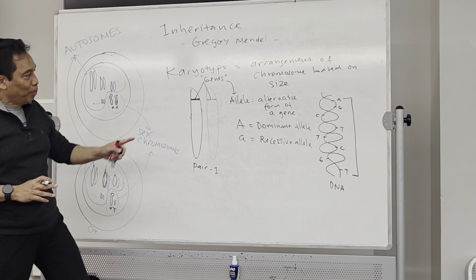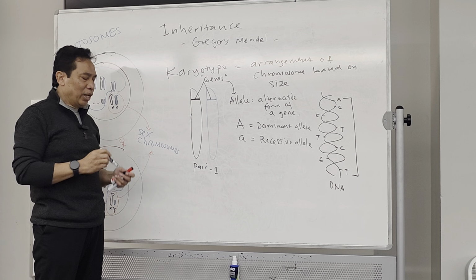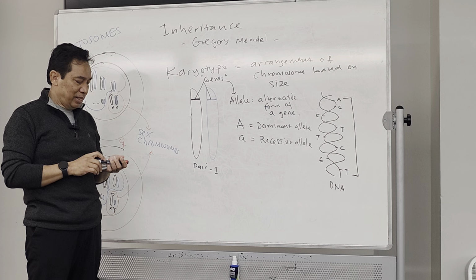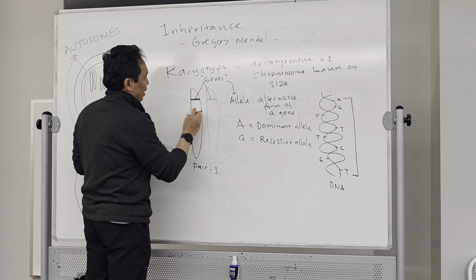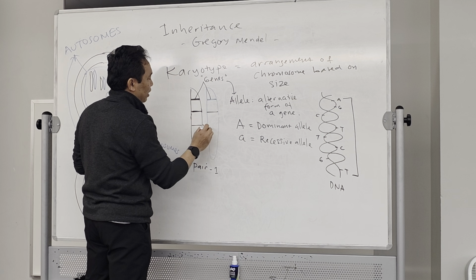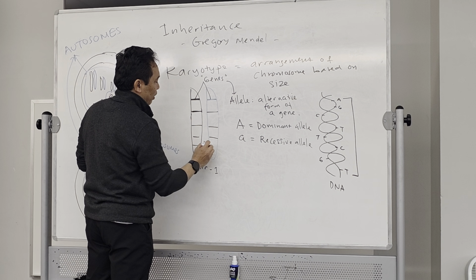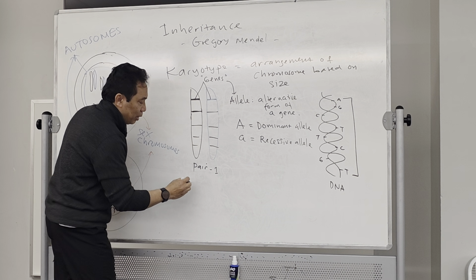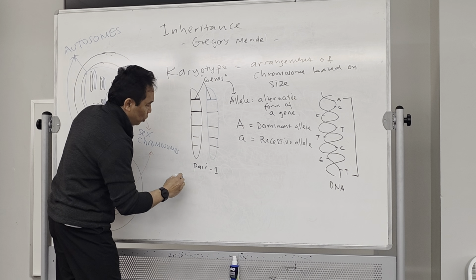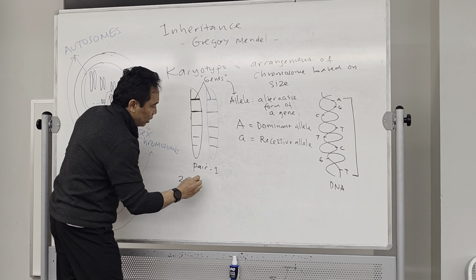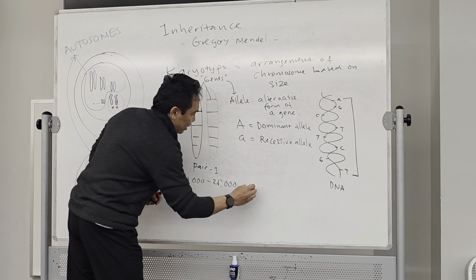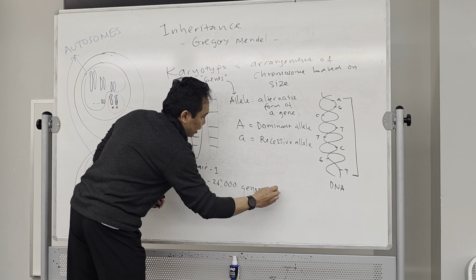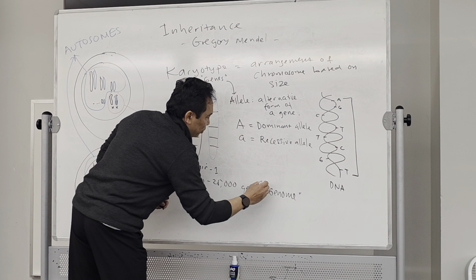Now, basically in one chromosome there will be thousands of alleles. Let's say we have another gene over here, another gene, and so on. So in total in humans, there are about 20,000 to 25,000 genes. This is what we call the genome.